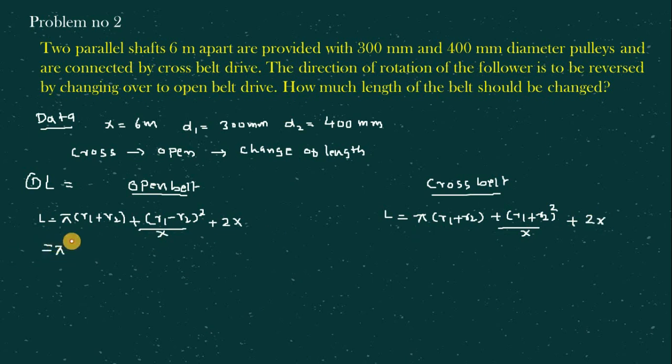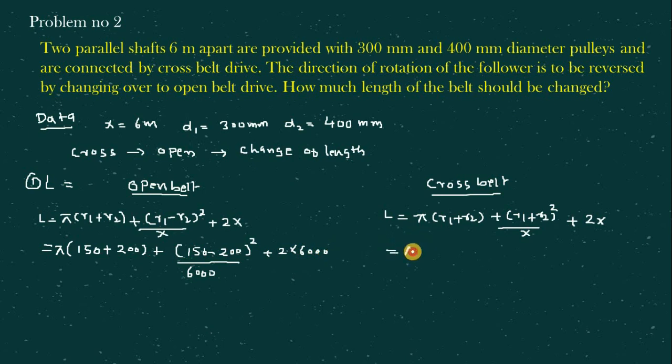Let's substitute the values. Pi, so 300 means here it is 150, then it is 200 mm, plus (150 minus 200) whole square, and 6 meters, when you convert it into mm, it will be 6000, plus twice the 6000.